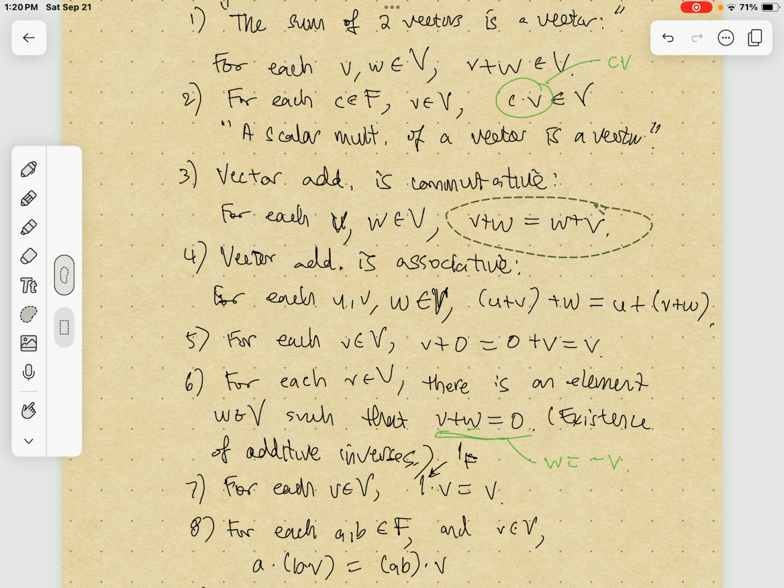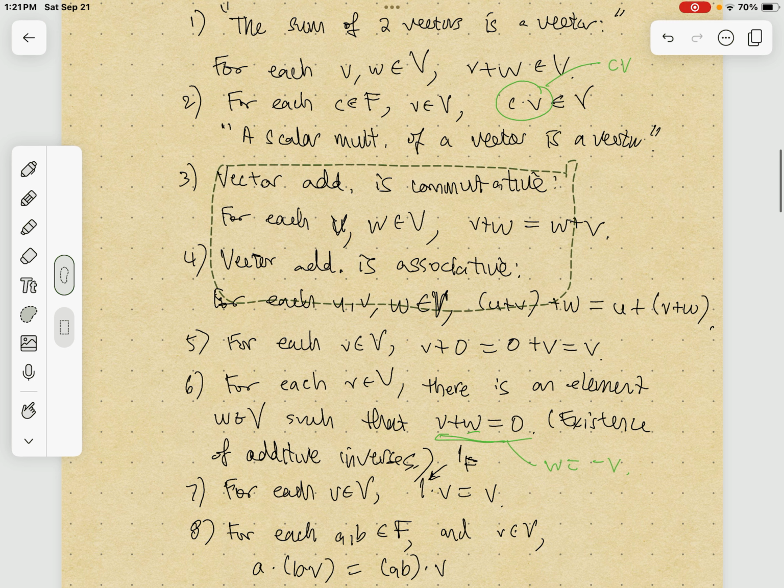I mean, one way to think about this is that properties 3 and 4 are really properties of the operation addition. They're not properties of the subset, right? And so since we're talking about the same addition operation, we don't need to check properties 3 and 4. And we don't need to check property 5 either. We do need to check that the zero vector is an element of the set S.